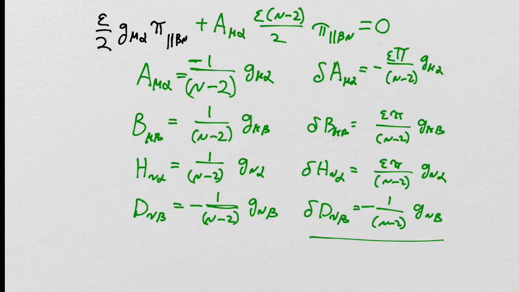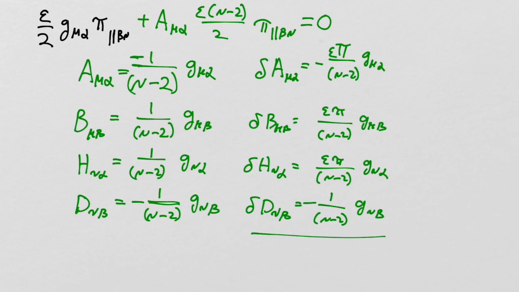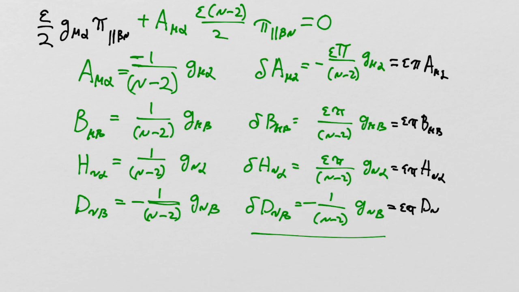But the way to think about these variations here is that this actually equals epsilon pi times A mu alpha, and this equals epsilon pi times B mu beta, and this equals epsilon pi times H nu alpha. This equals epsilon pi times D nu beta, right? Oops, there should be an epsilon pi here.